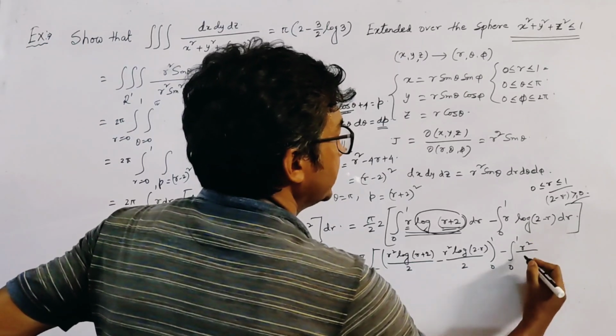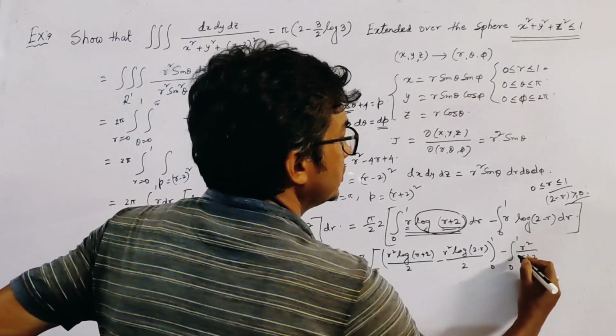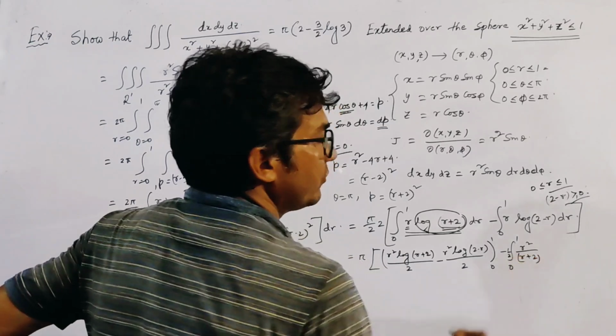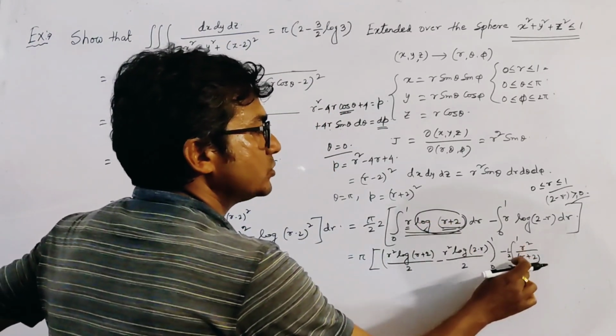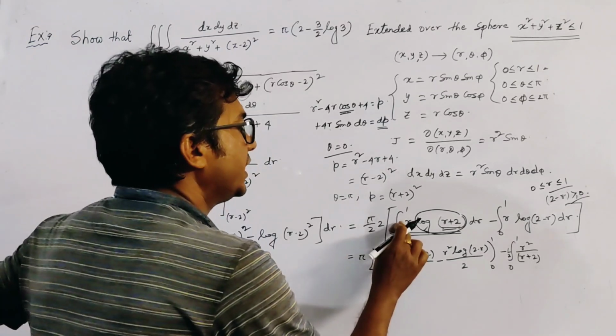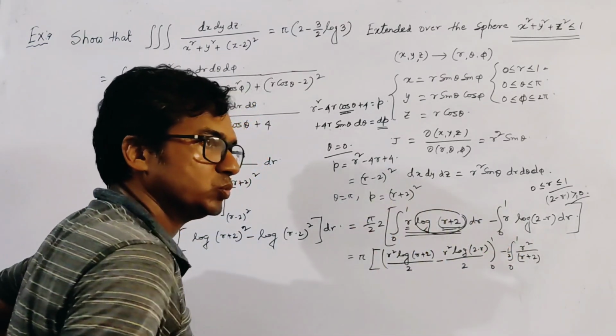r square by (r + 2) into half, because the integration of log(r + 2) is 1 by (r + 2) and the derivative of r is r square by 2.